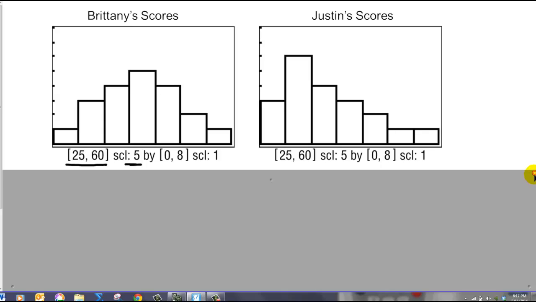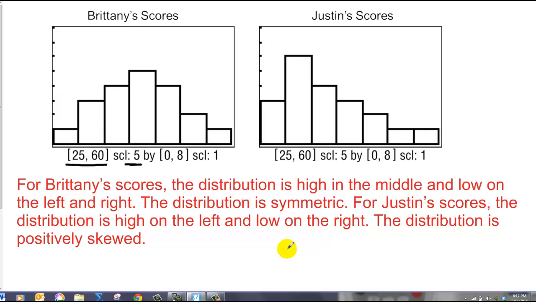So we say this is actually positively skewed. For Brittany's scores, once again, distribution's high in the middle, low on both sides, so that's symmetric distribution. For Justin, the distribution's high on the left, low on the right, so it is skewed positively.